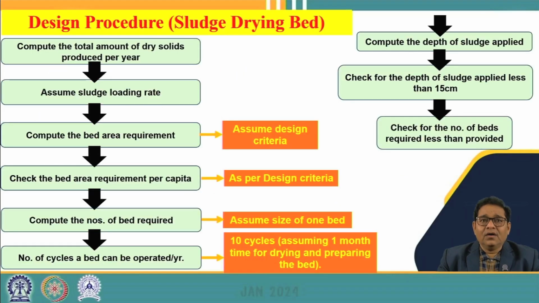So then let's see what are the various design steps to be followed while designing a sludge drying bed. We know that the sludge drying bed is designed based on the total amount of dry solids that can be applied per unit area, per unit time, and the sludge loading rate is given per year.